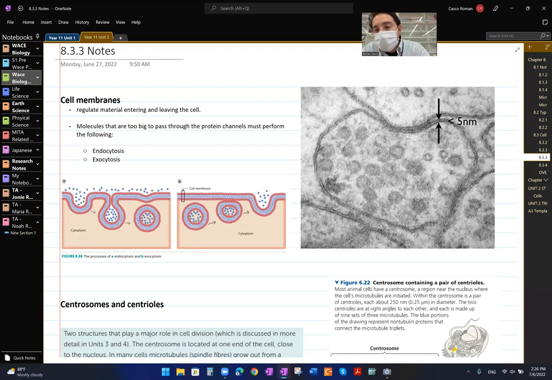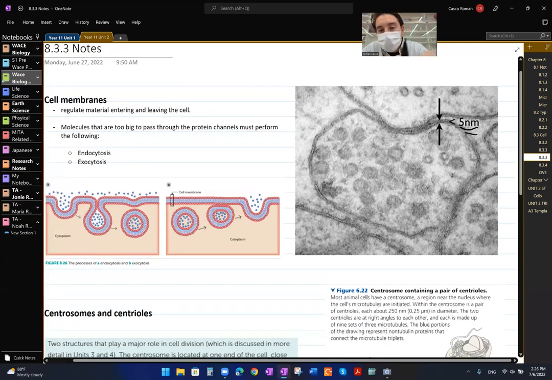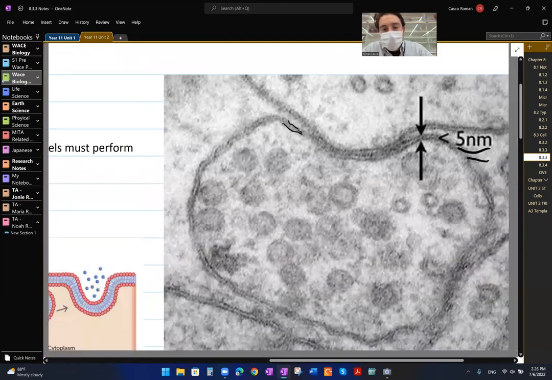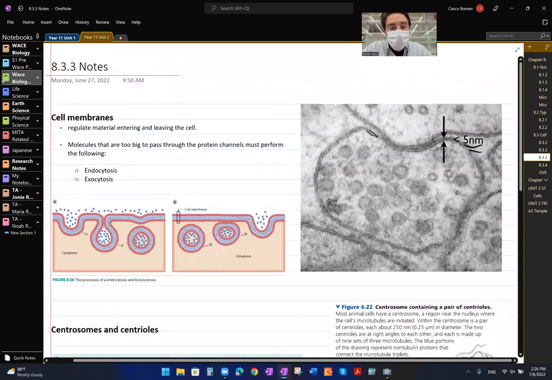So take a look here. It's less than 5 nanometers, right? But you can still see the double layer that we're going to go over in the next section. The cell membrane essentially regulates the material that enters and leaves the cell. It provides the boundary for the cell.